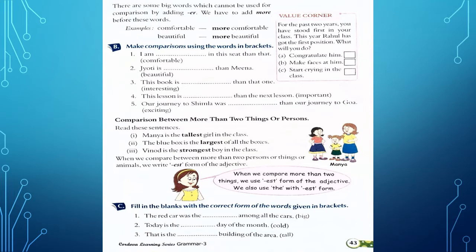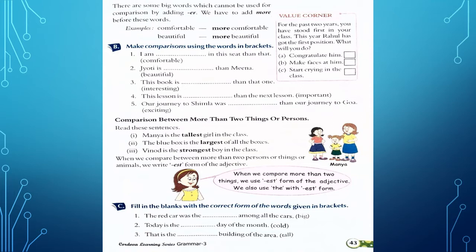Here, in exercise B, we have to make comparisons using the words in brackets. I am dash in this seat than that. So here we will add more before the word comfortable. So the sentence will be, I am more comfortable in this seat than that.